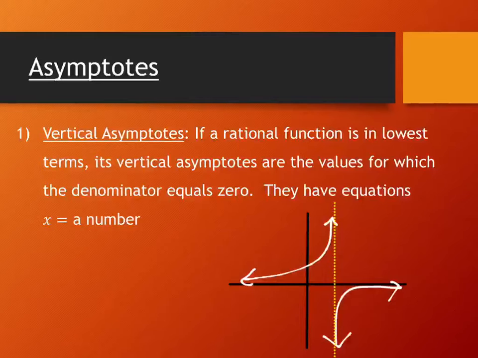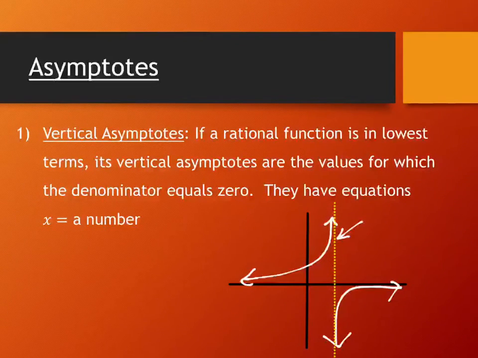It's this vertical line that these edges, swooping up and swooping down, are approaching. They don't have to swoop in this way or at this location, but that's a vertical asymptote. It's a vertical line that it's really approaching, and it's getting infinitely large, in this case on one side, and infinitely small on the other side. So right now, what we're looking for is this type of asymptote. It's a vertical one.